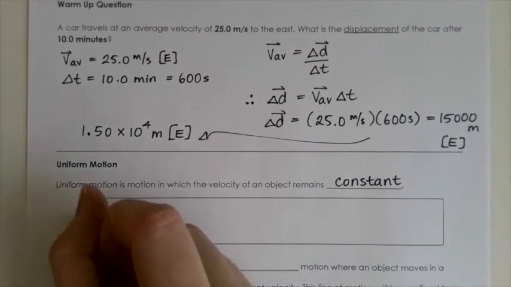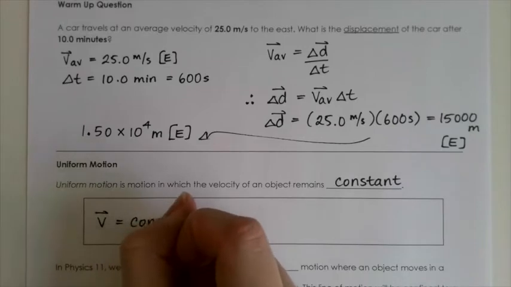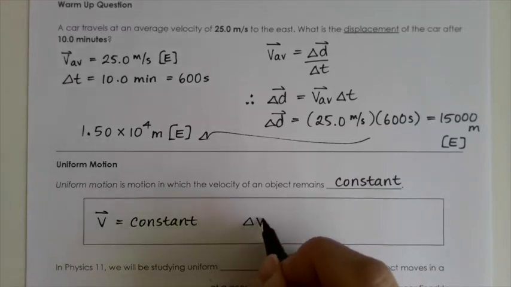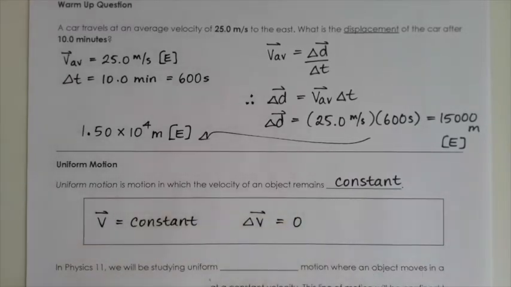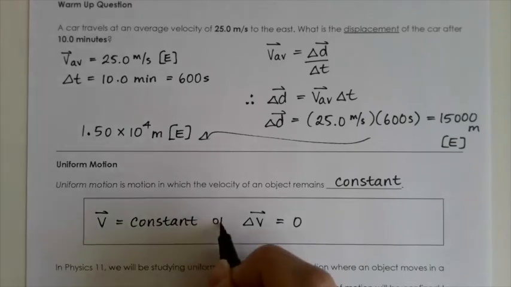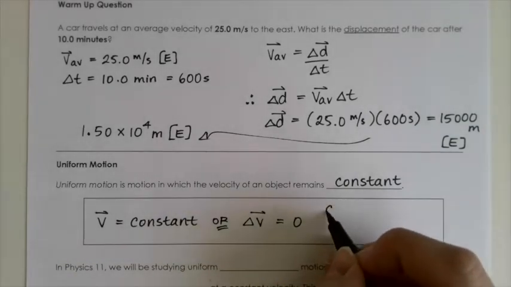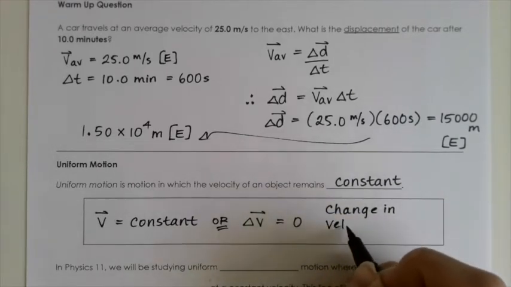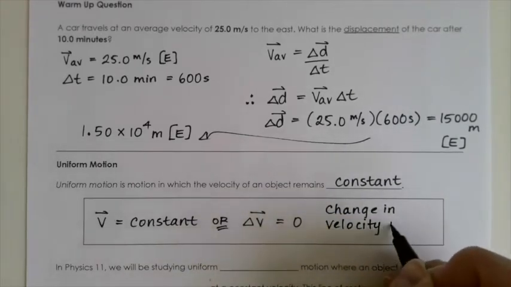So we can summarize this by saying V equals constant. You can also express this by saying delta V, or change in velocity, equals 0. So this means that the change in velocity is 0.